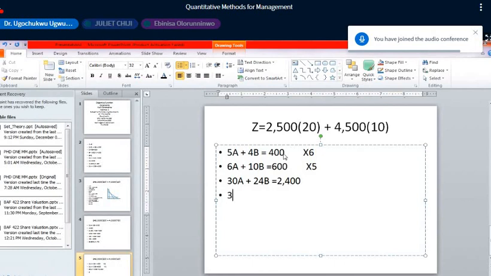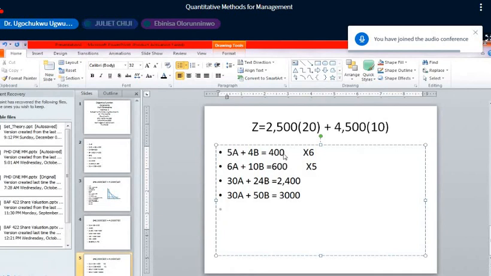So this becomes 30A plus 50B is equal to 3,000. What will happen is that this 30A and 30A will disappear.